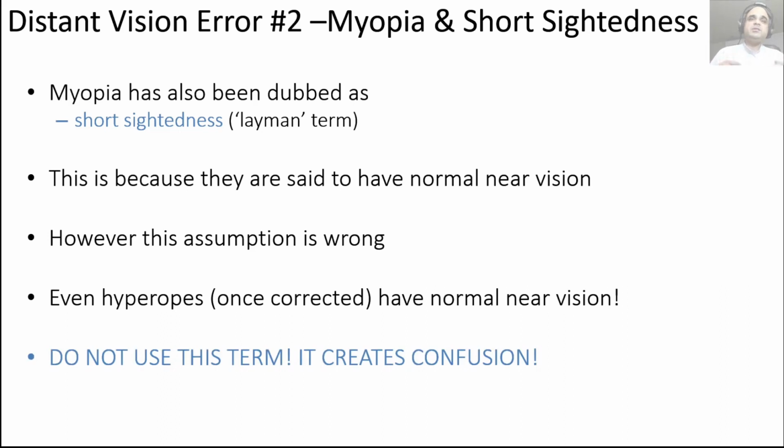When you're talking about short-sightedness, it means that myopes have good near vision and their distant vision is bad, and this is something that's specific to the domain of myopia, and hypermetropia must be the other way around. So not only are you distorting the concept of myopia, you're also distorting your concept of hypermetropia at the same time. So do not use this term, or if you want to use this term, make sure you know what it means and implies.